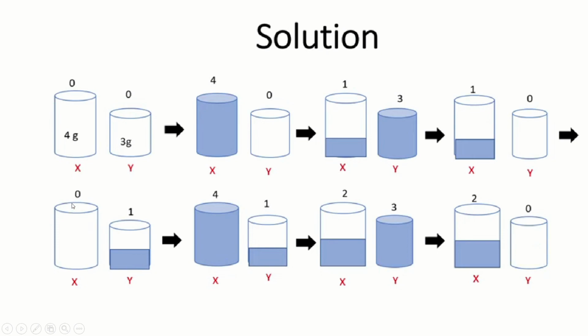Now I transfer jug 1 to jug 2, that is 0 comma 1. Now I fill jug 1, then pour the water from jug 1 to jug 2. Finally I empty jug 2, and you will get 2 comma 0. You reach our goal, 2 comma 0.